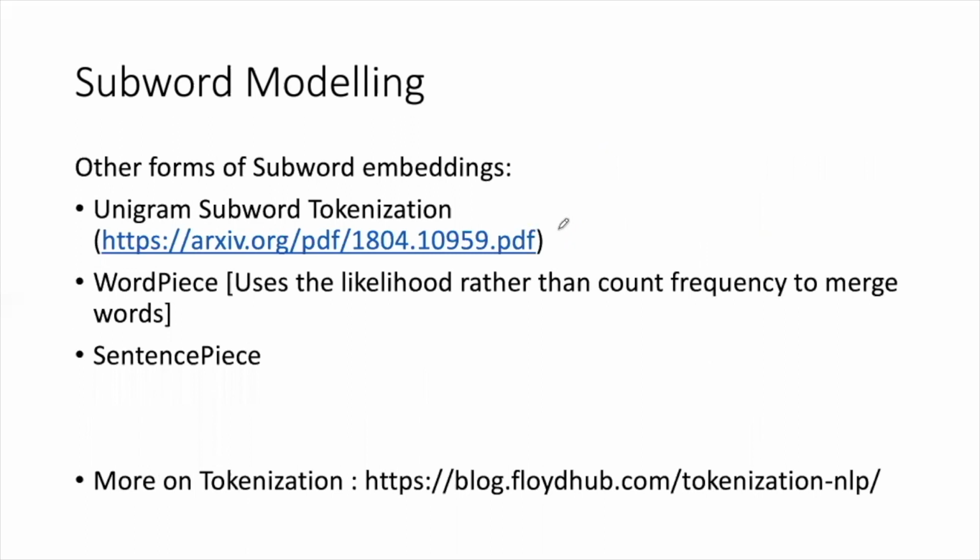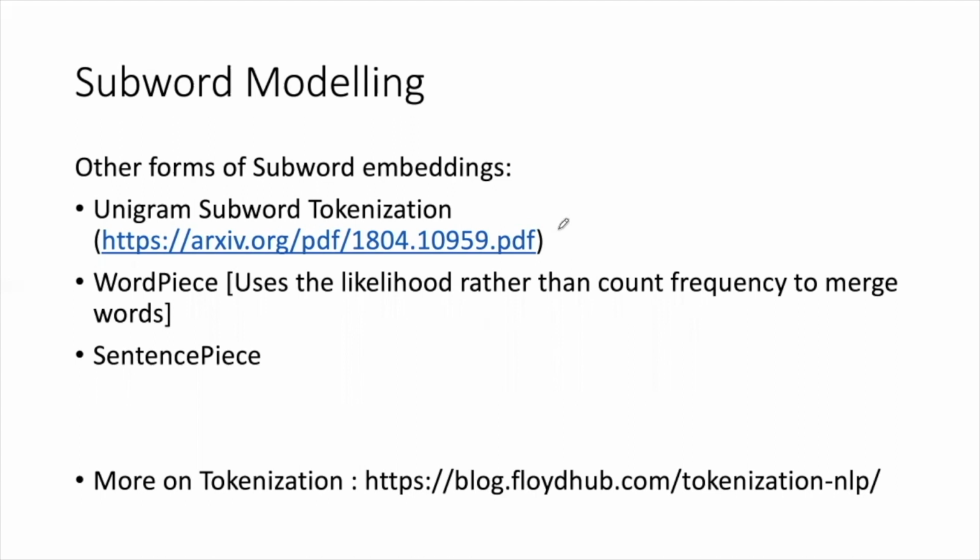There are other forms of subword tokenization, like unigram subword tokenization. It helps us prevent some of the issues present in byte pair encoding, because byte pair encoding can have multiple valid encodings for the same word. In order to prevent that, we introduce a concept called likelihood of pairs.